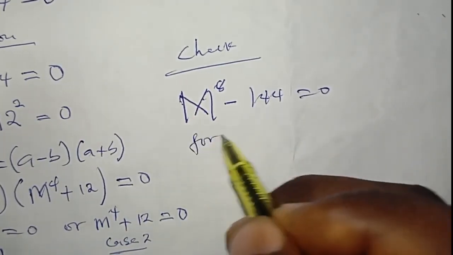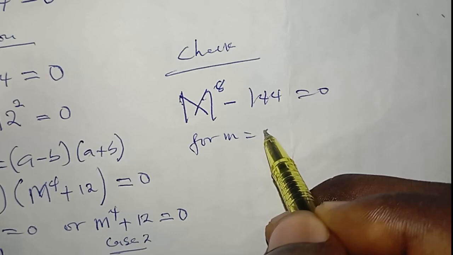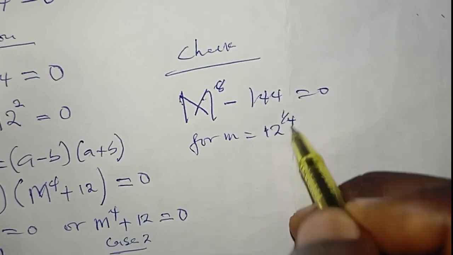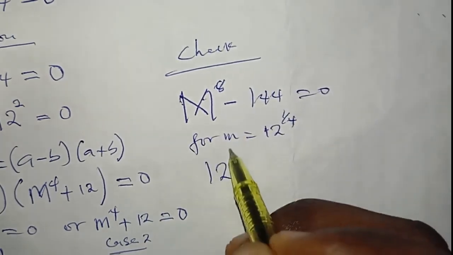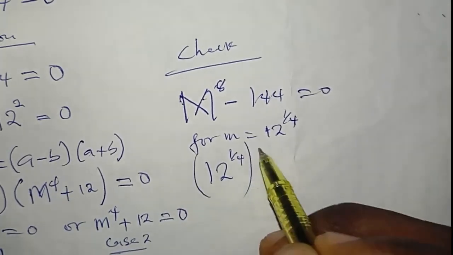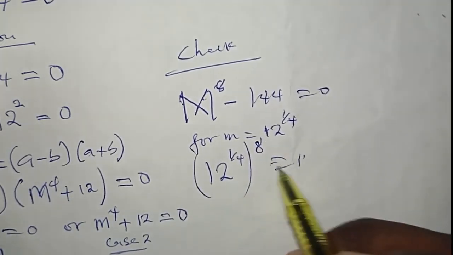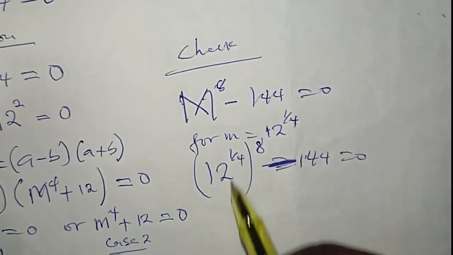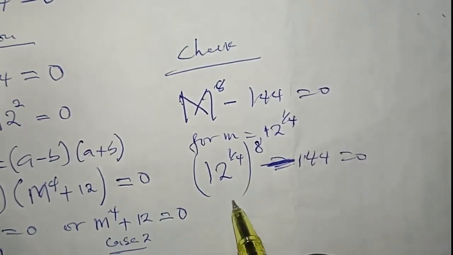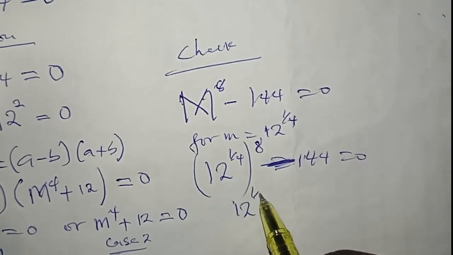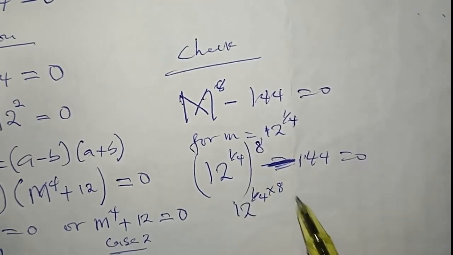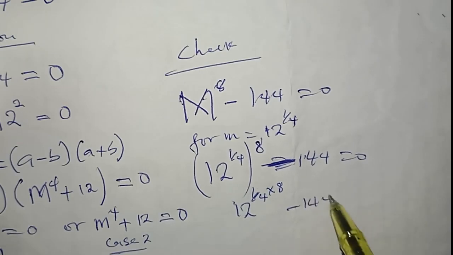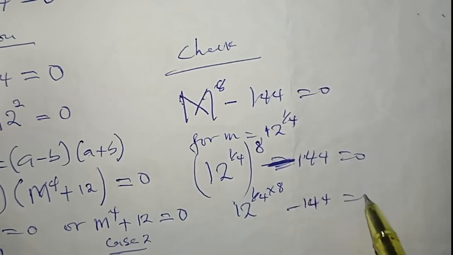Okay, so for m equal to positive 12 power 1 over 4, we're going to have 12 power 1 over 4, and then power 8, minus 144 is equal to 0. So what I have here is 12 power 1 over 4, multiplied by 8, minus 144 is equal to 0.